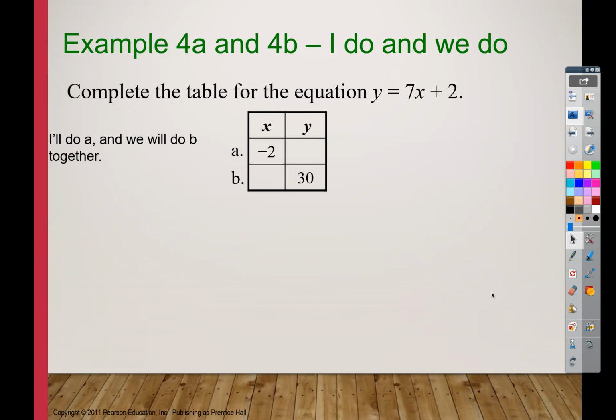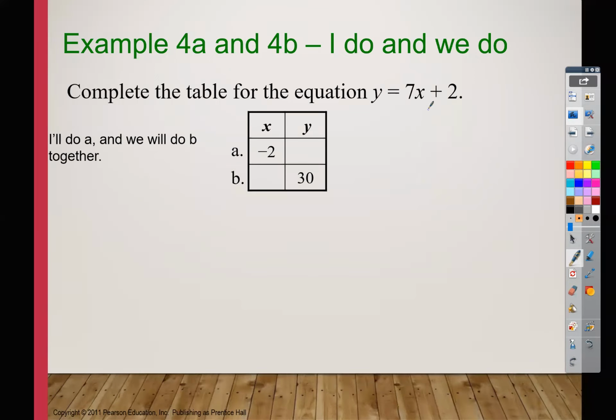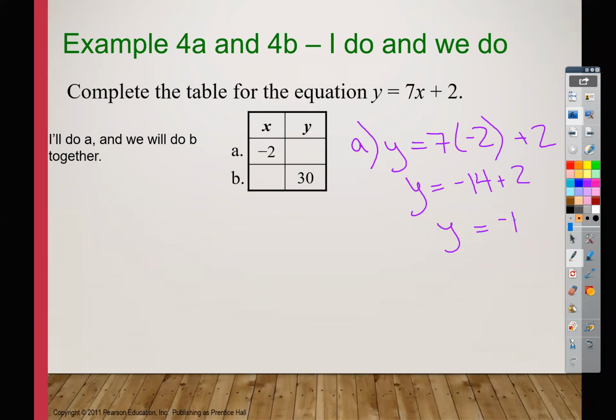Okay, number 4. Complete the table for the equation. This is the same thing, you're just using a table instead. In A, they give us the x coordinate. So y equals 7 times -2 plus 2. y equals -14 plus 2. y would equal -12, so you can put -12. In B, they're giving us y. So 30 equals 7x plus 2.